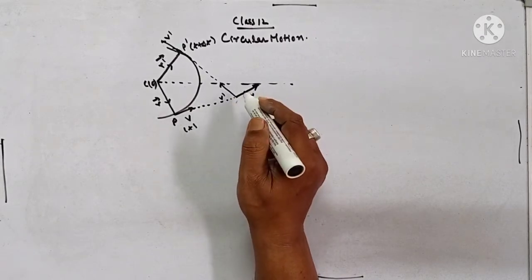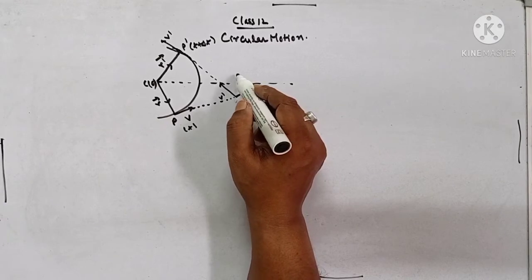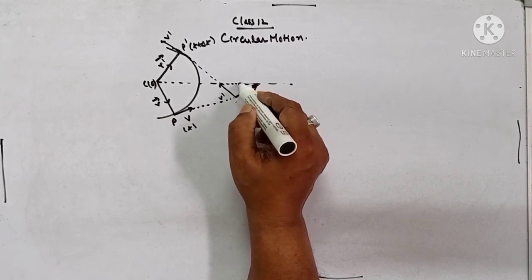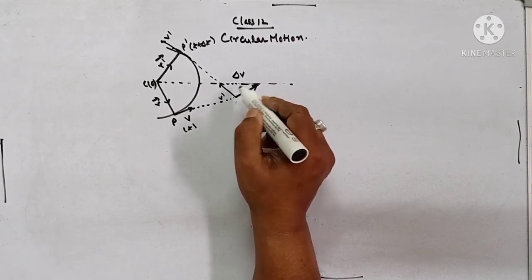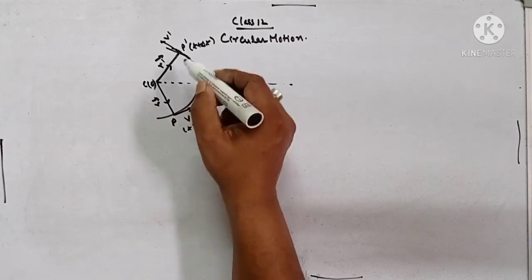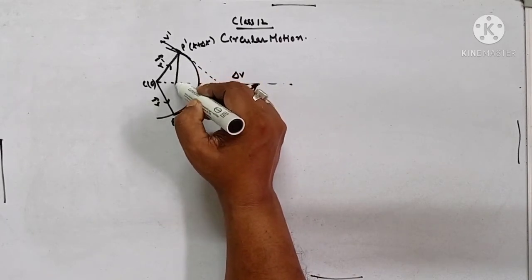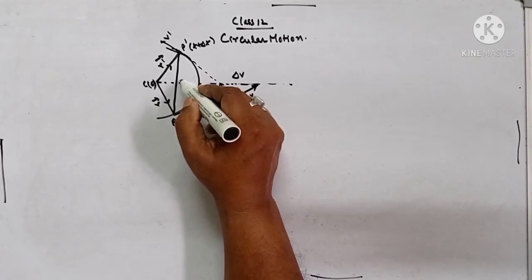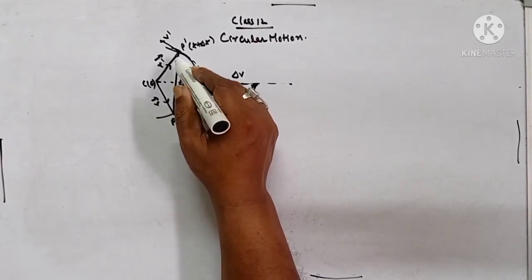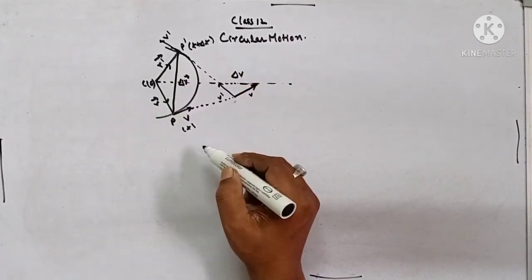So here this will be your delta v. You can apply the triangle law, and here this will be delta r. By applying the triangle law, you can find this out.